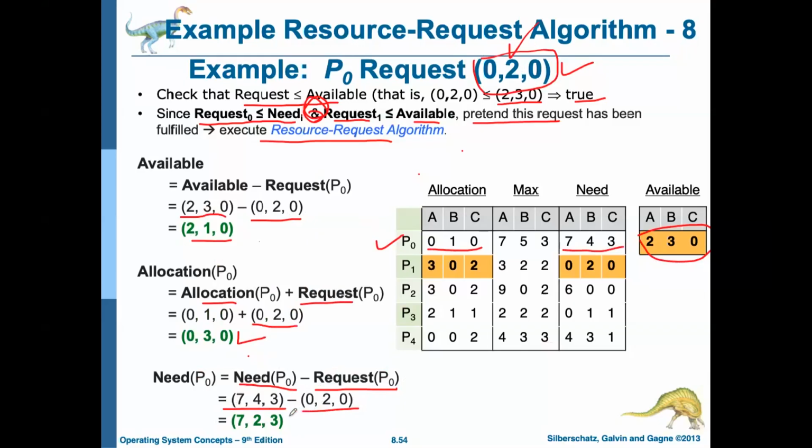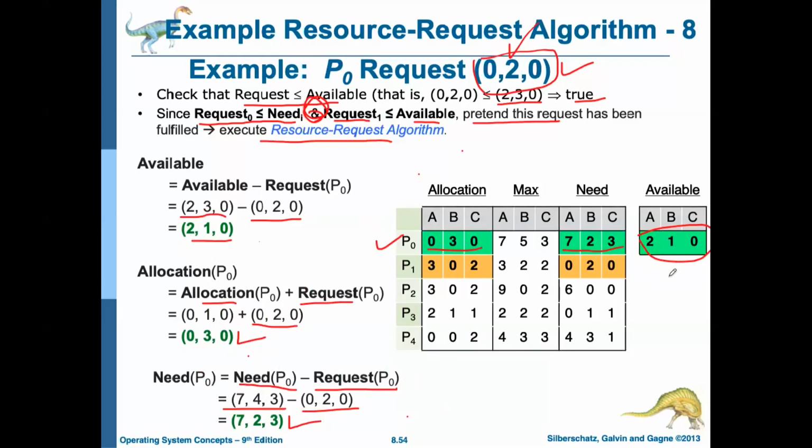So it becomes 7, 2, 3, the current need. And then you can see it change, right? So we change the allocation, and we change the need and also the available. See this difference now.